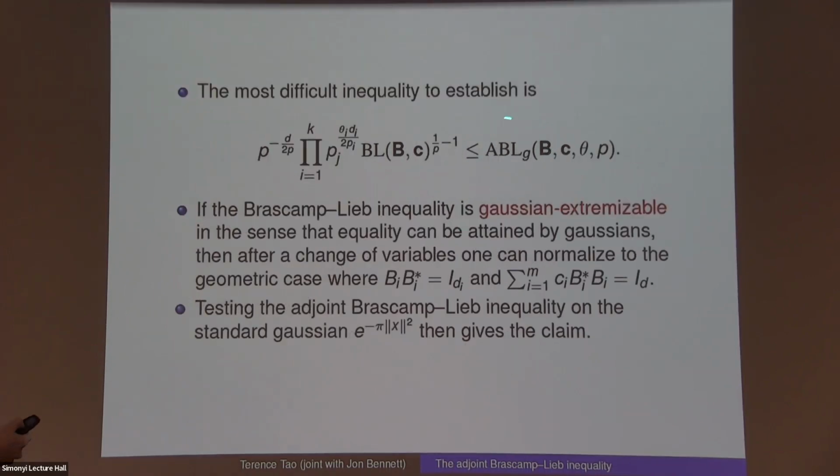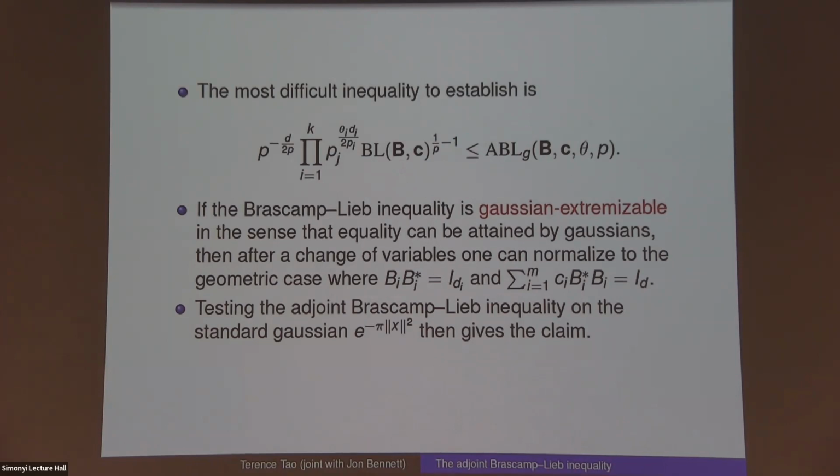The more difficult thing is to get the matching lower bound up to a constant. Initially, we thought that maybe these were equal, but we now have examples showing there is a strict gap, unfortunately. But they're equal up to constants.